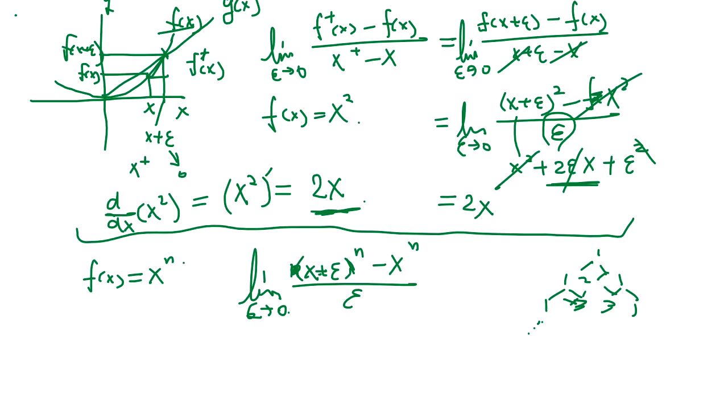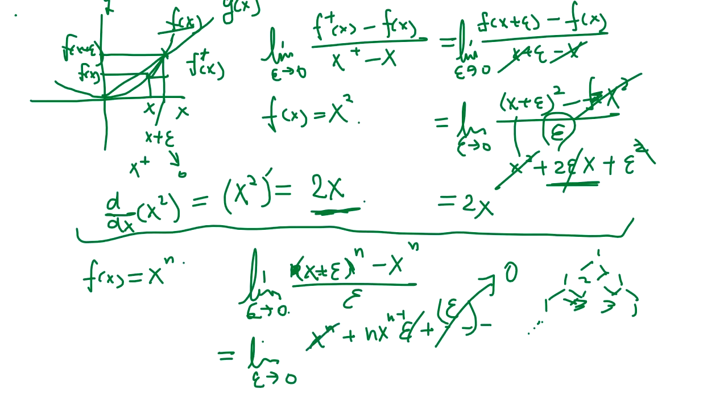So we know this is going to give x to the n plus n x to the n minus 1 epsilon plus whatever the remaining higher order terms of epsilon, and divided by epsilon, the higher order terms go to 0, and the x to the n is cancelled, so the only remaining part is n x to the n minus 1.